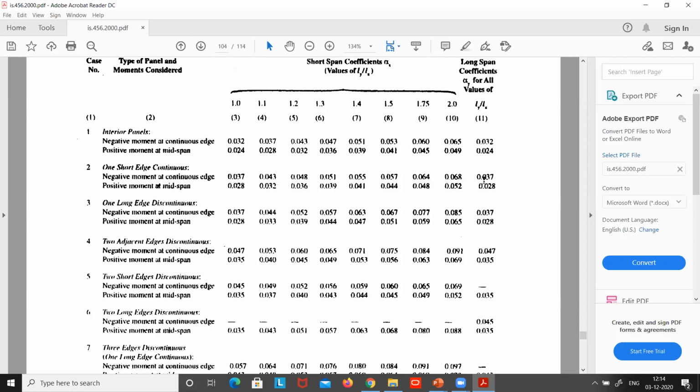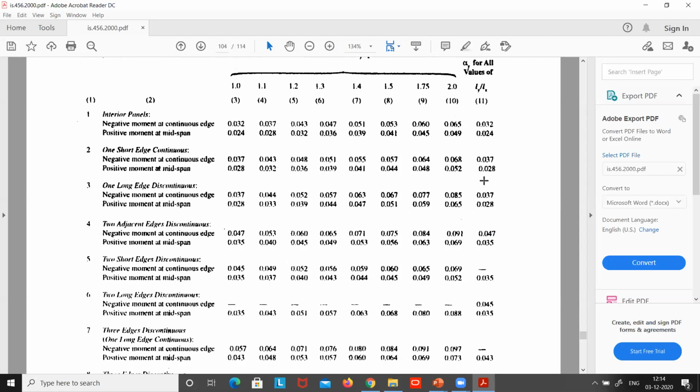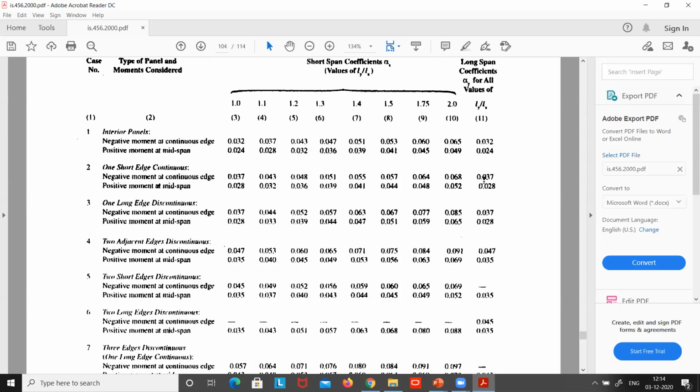Any doubt? Ankit, Khalid, Abhishek, is there any doubt? No, sir. Okay, so this is for negative moment. When you go for positive moment at midspan, now tell me the alpha x value.